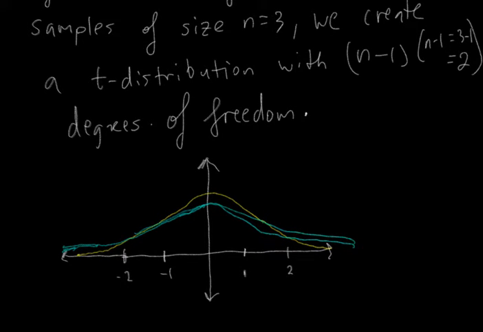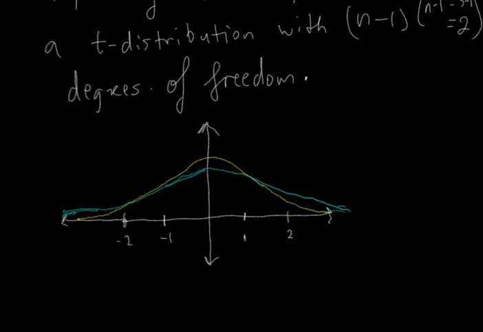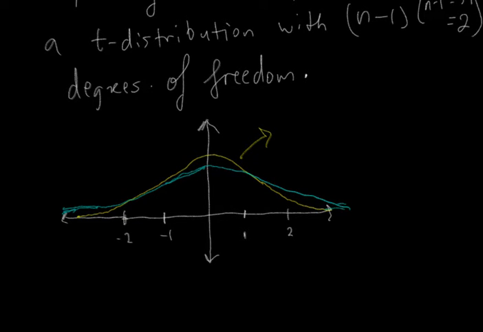Draw that a little better. Okay, so what we're going to do here is we're going to see the difference in the tails of these distributions, because that's what actually makes them different. So I'm going to just draw the yellow is normal distribution, mean is equal to 0, STD is equal to 1, or standard deviation is equal to 1. And recall that this is what we call the standard normal distribution, or the Z distribution.